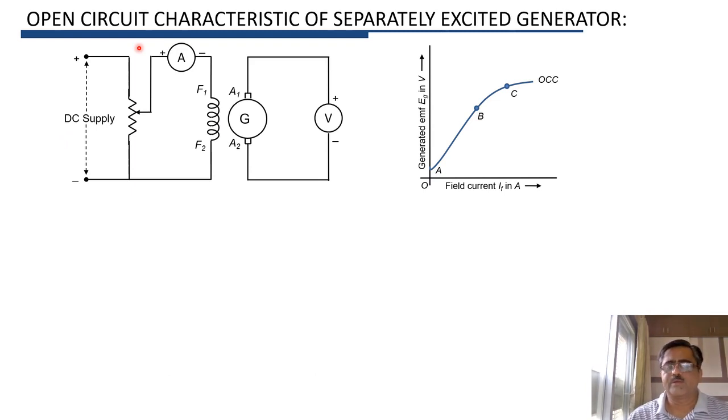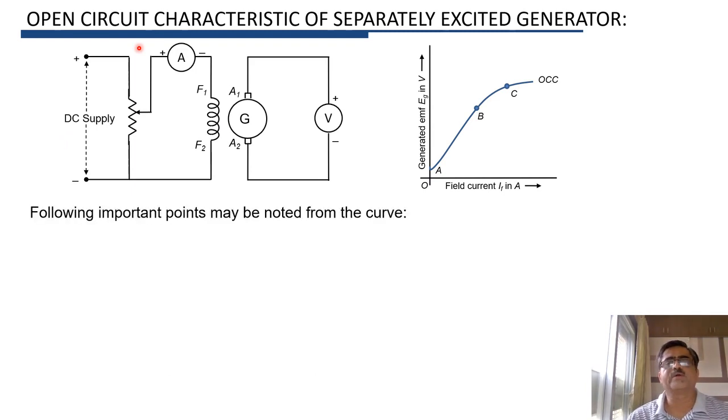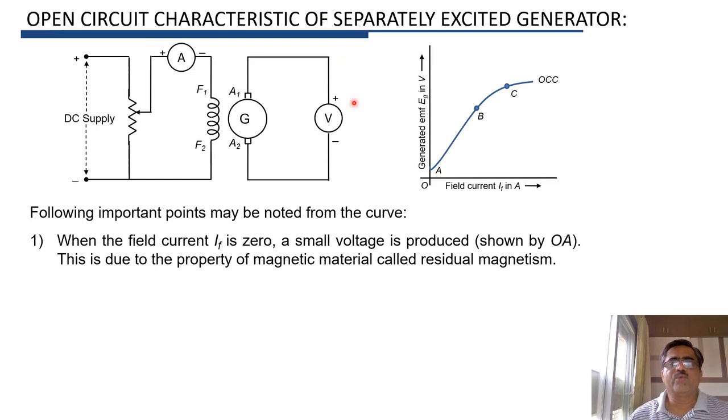Now here we have to note some important points related to this OCC. When the field current IF is equal to 0, if there is no current in the field winding, then flux phi must be equal to 0. If phi is 0, then generated EMF is also equal to 0.